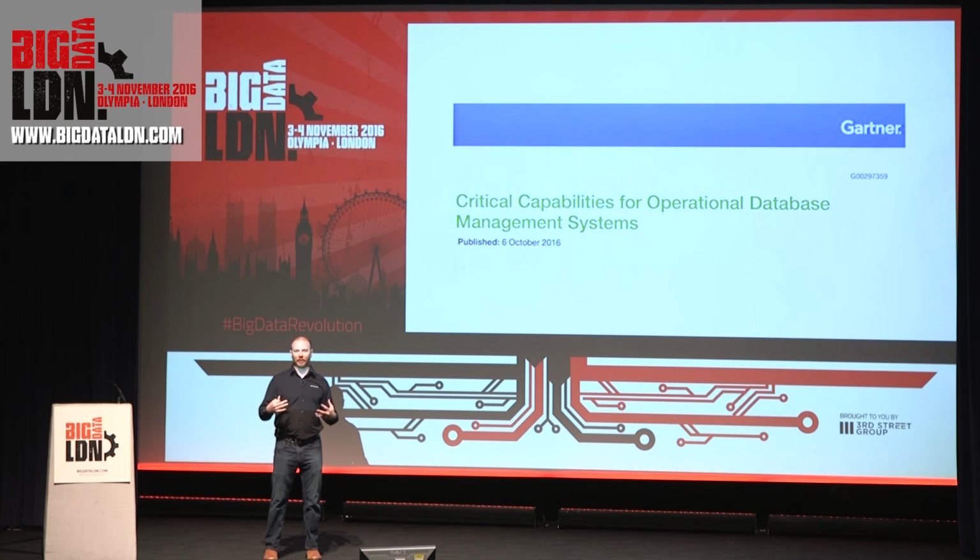Let me just briefly mention a third-party analysis, so it's not just me bringing this to you. Gartner released a report last month called Critical Capabilities for Operational Database Management Systems. They gave four categories of critical capabilities that they considered important.